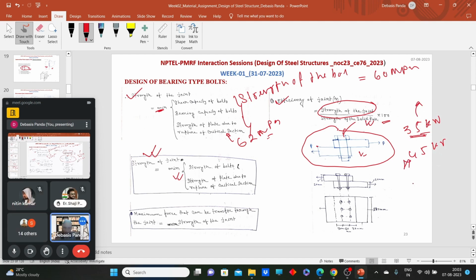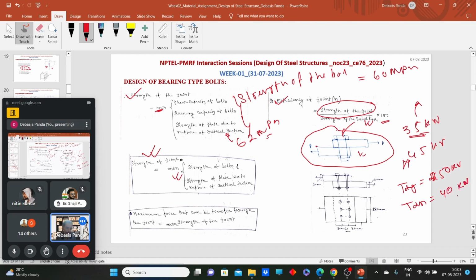Now come to the plate. So TDG is given as 250 kilonewton, and 250 is too much, let's say 50 kilonewton. And TDN is, say for example, 40 kilonewton.